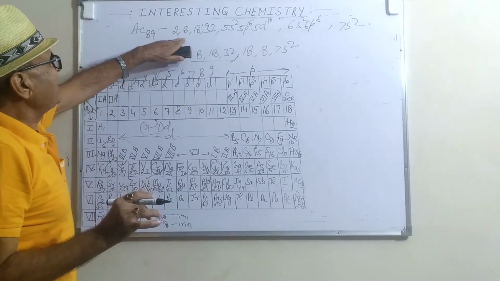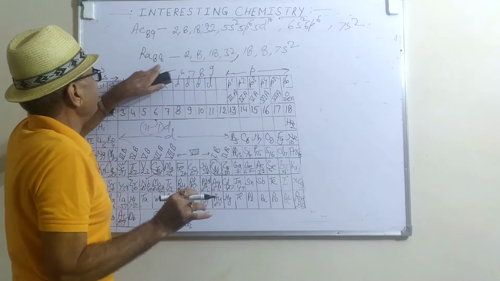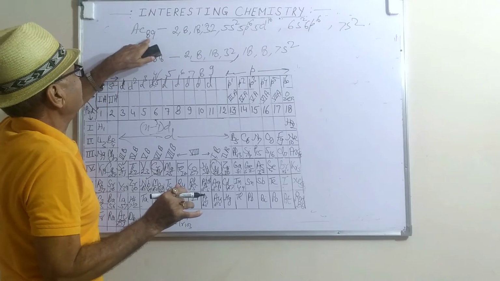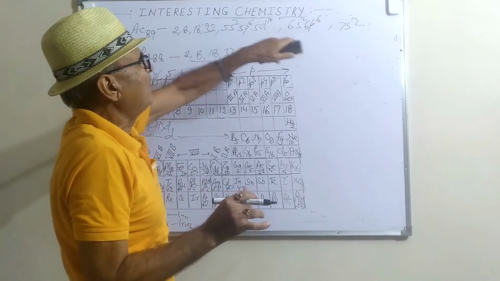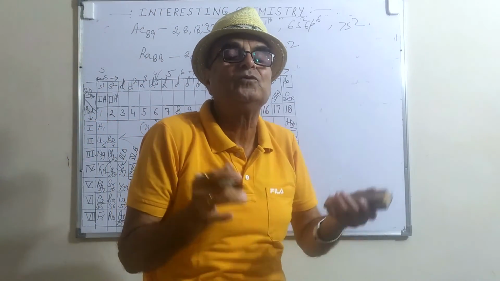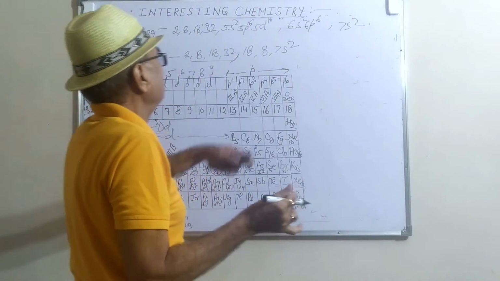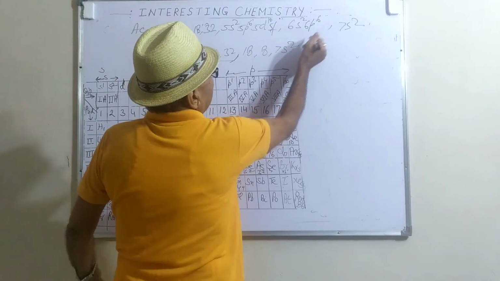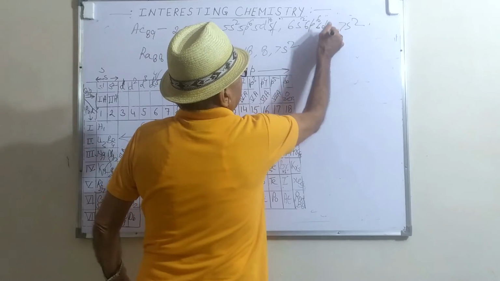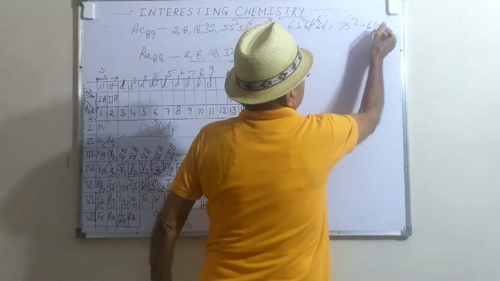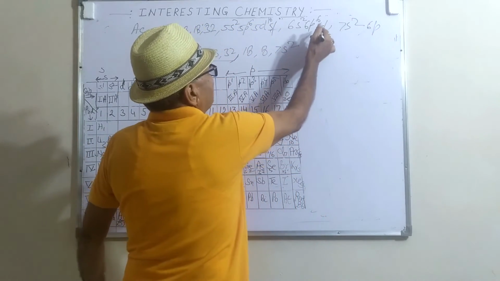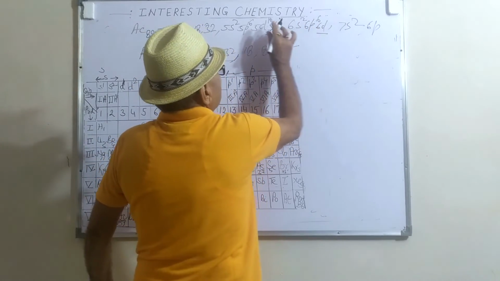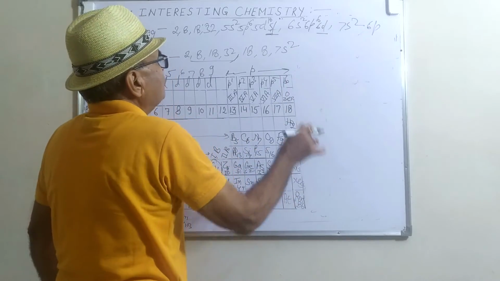This is where I have completed the 88 electrons. Now you have to decide in which orbital the 89th electron will go. Here are 5d, 5f, here is 6d and here is 6p. You have to decide whether the electron will go in 5f or 6d.